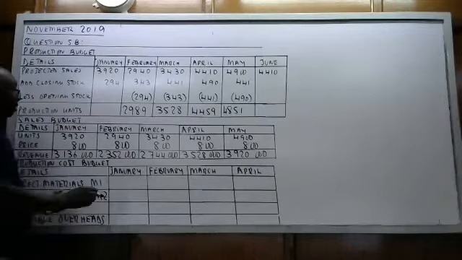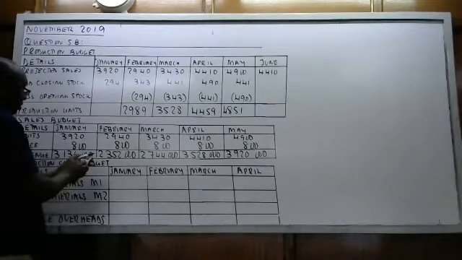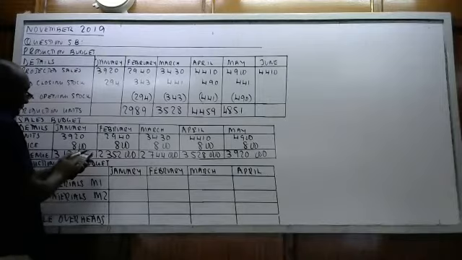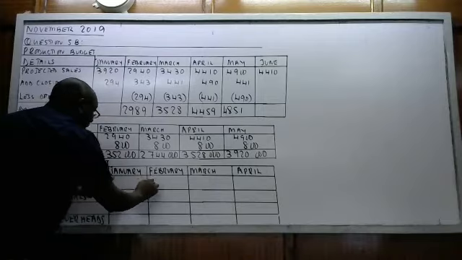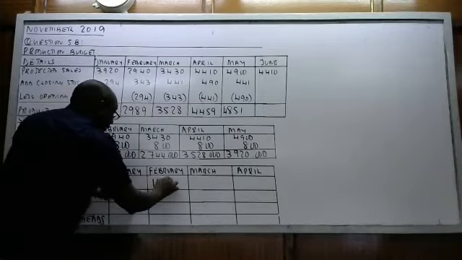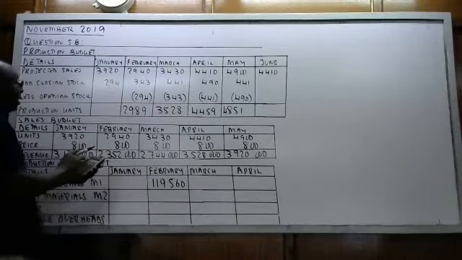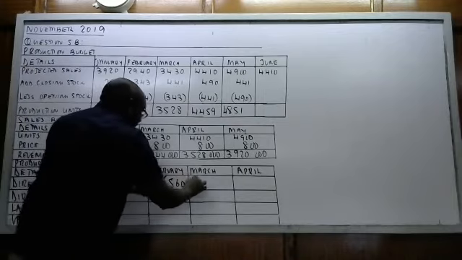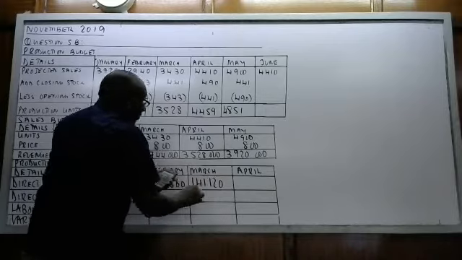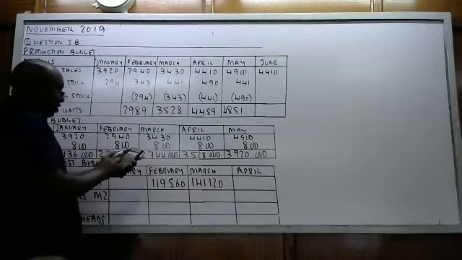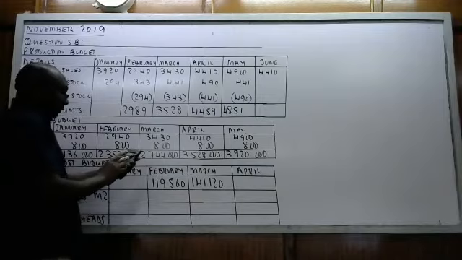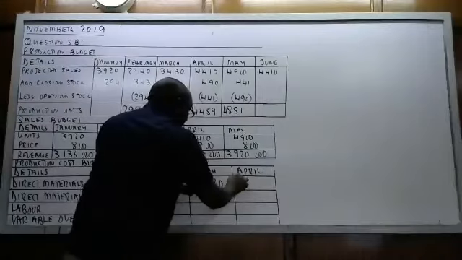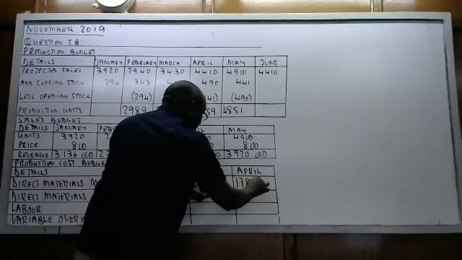So in February, utachukua these ones, 2989 times 40. It is 119,560. Then 3528 times 40. I have 141,120. 4459 times 40. I have 178,360.